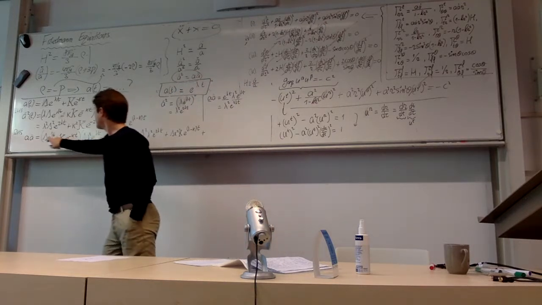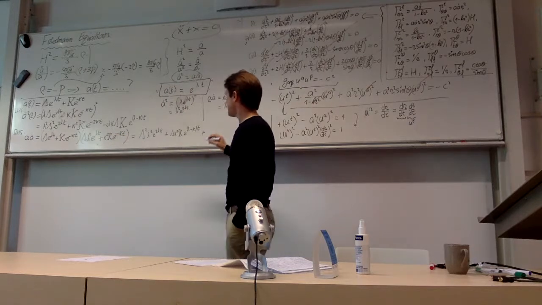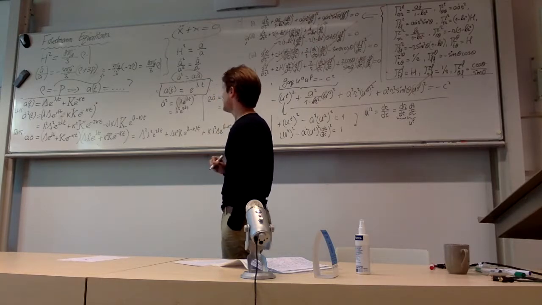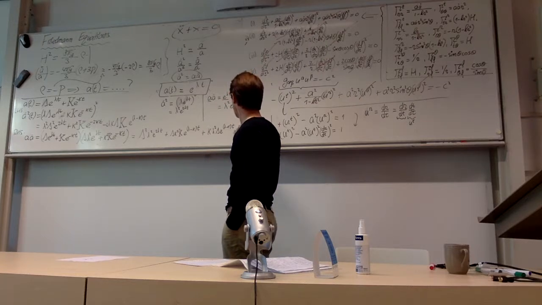This times this, that times that. Those are the terms that I have now. Kappa lambda squared lambda e to the power lambda minus kappa t, and finally I get small k squared, big K squared.